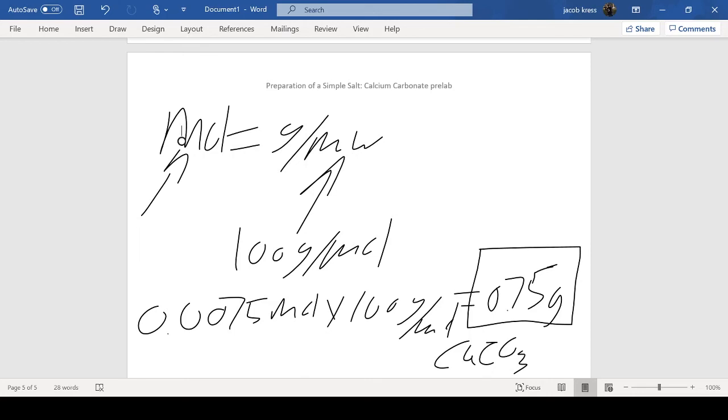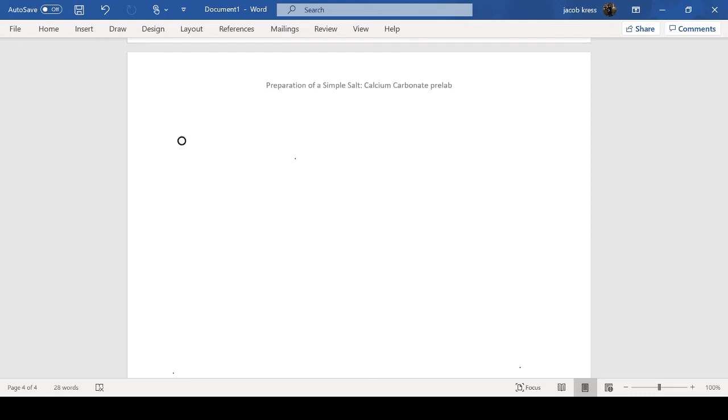Now, like many things, some things are not going to go 100% of the way right. The very last thing we need for this lab is a percent yield. Now, the way to think of a percent yield is to think of it like a grade. So what we just calculated is our theoretical yield.